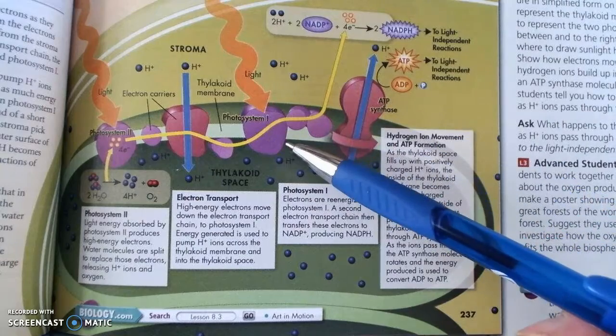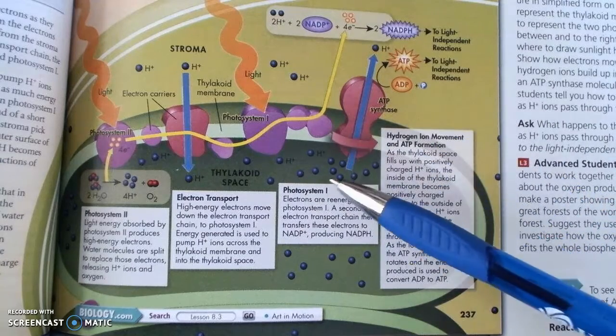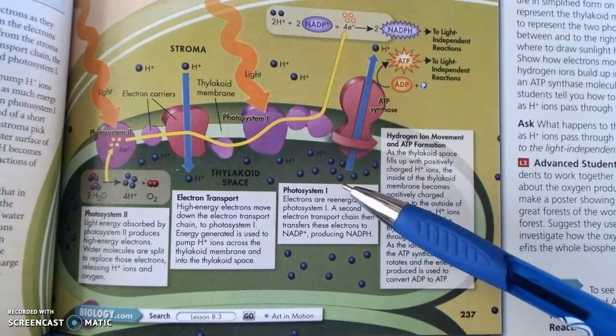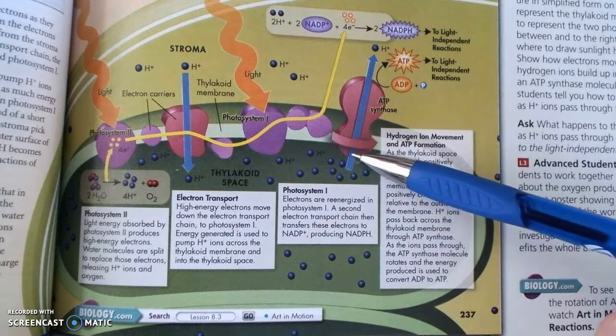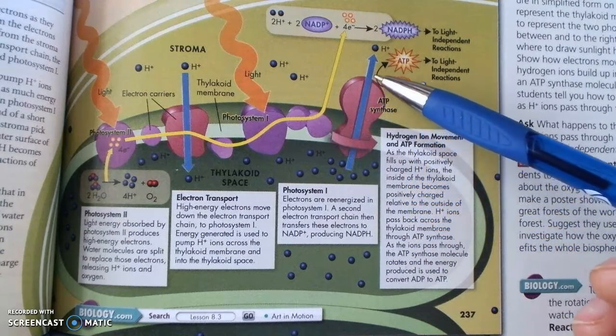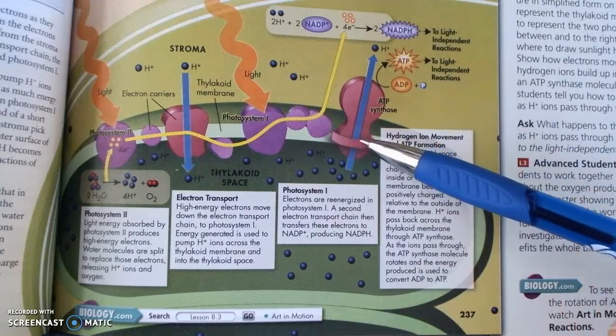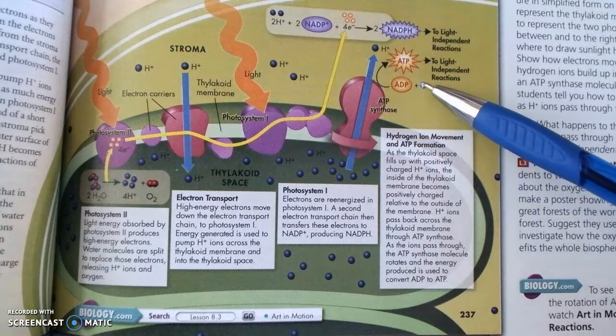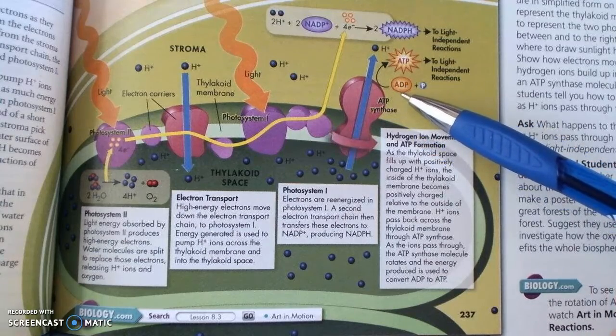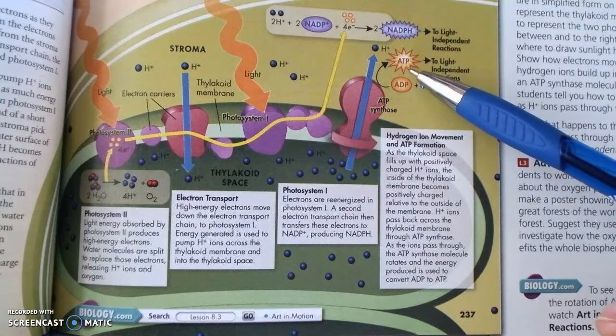The energy doesn't come from free electrons in this case. The energy comes from the hydrogen ion concentration. Basically, it's like a water wheel where the water flows through the wheel and makes the pump turn. And that turning motion is energy, which can then attach the phosphate group to ADP, creating ATP.